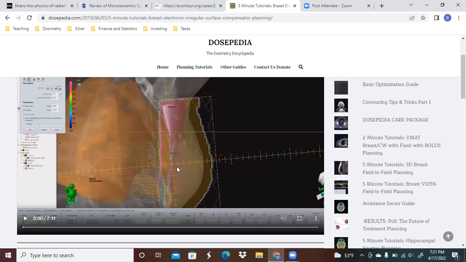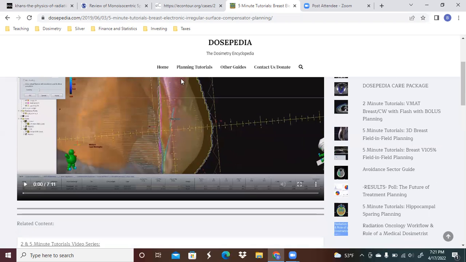You may run into something called irregular surface compensators, where you're trying to produce as uniform a field within the breast as possible by changing the dose, by doing dose painting.